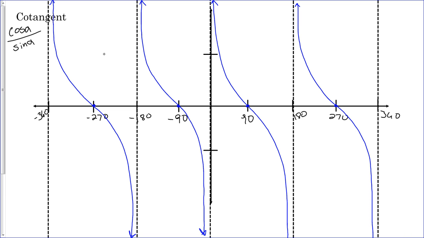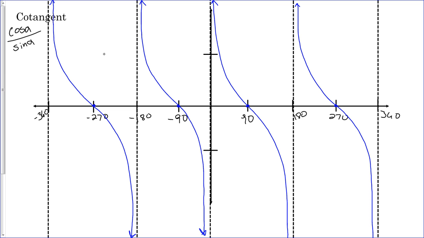Okay? Now, if I ask you to graph one of these, the easiest way to graph it is to take the cotangent and the tangent of 0. If you get a value when you do that, you know that the tangent goes through 0. So if I ask you to graph tangent, take tangent of 0.